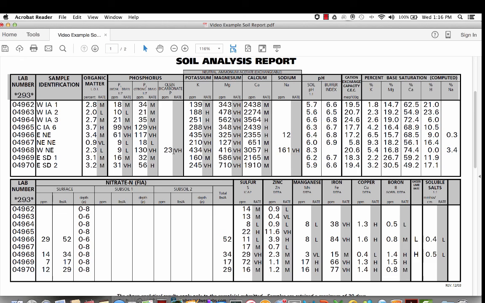So if you take the Olson times 1.4, that gives a number you can compare to a P1 Bray result. This 23 times 1.4 gives me a P1 Bray equivalent of about 32. So again, probably not a lot of need for additional fertilizer applied on that soil unless the grower is going after some very high yields.